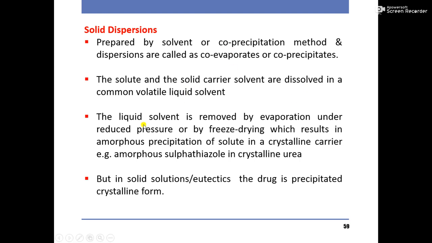The liquid solvent is removed by evaporation under reduced pressure or by freeze drying, which results in amorphous precipitation of solute in a crystalline carrier. For example, amorphous sulfathiazole and crystalline urea.